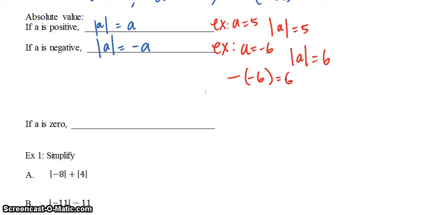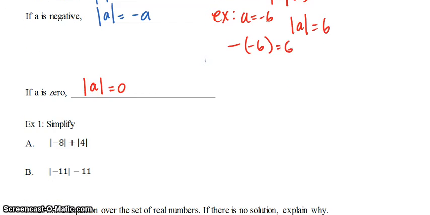So basically all absolute value is saying is that you take the number and you take the positive form of it, okay? So if it's already positive, it stays the same when you take the absolute value. If it's negative, then you have to change it to positive. That's all it's saying. Okay, so if A is 0, then the absolute value of A is 0, because 0 is not positive or negative. It's neutral.